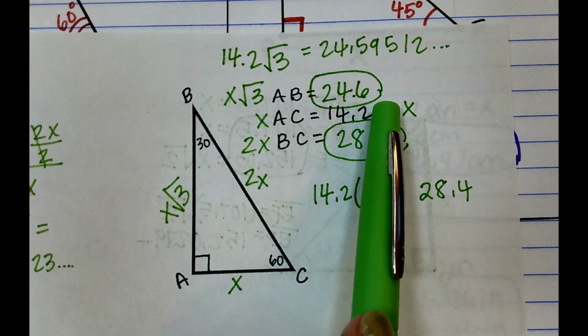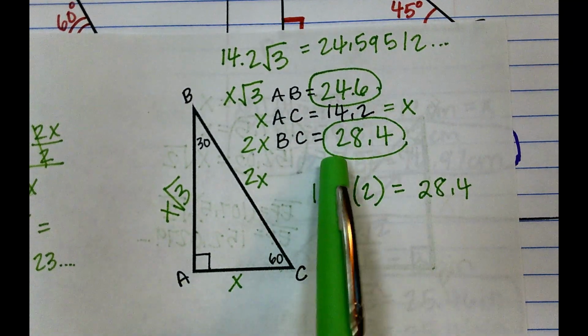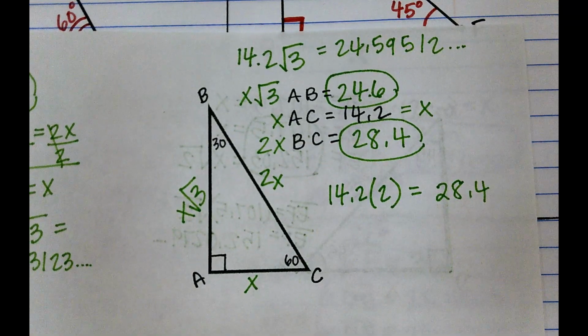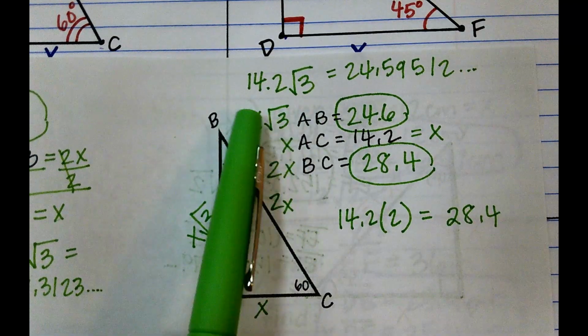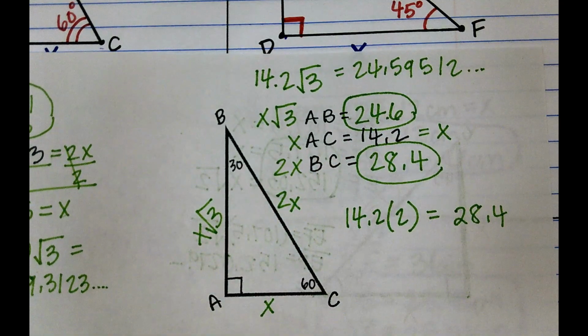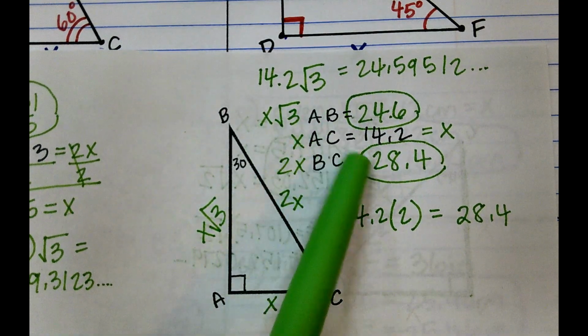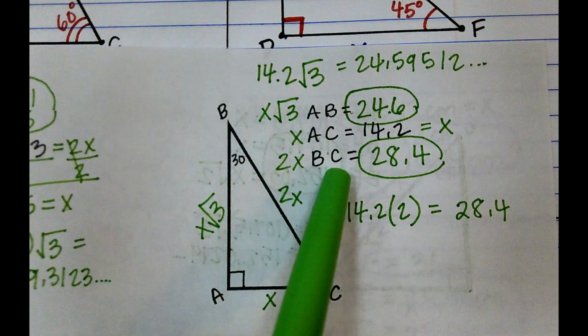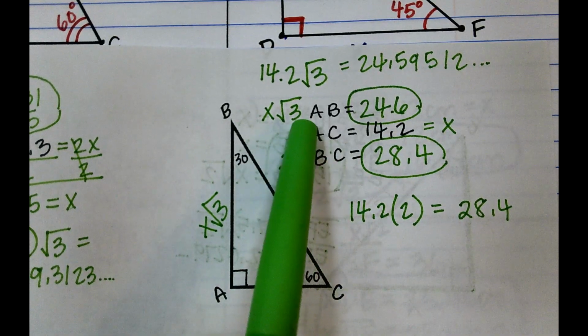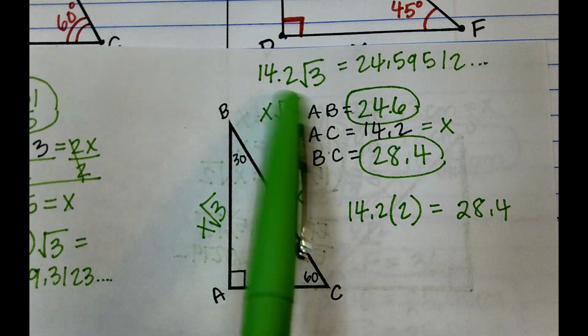The next one, AD, you should get 24.6. DC, 28.4. I got 25. How did you find that 25? Was that for AB or BC? AB. Okay.